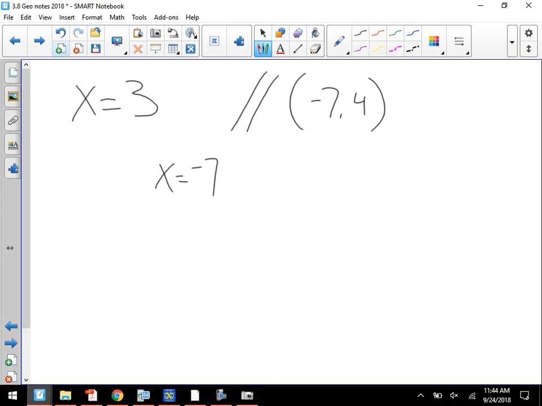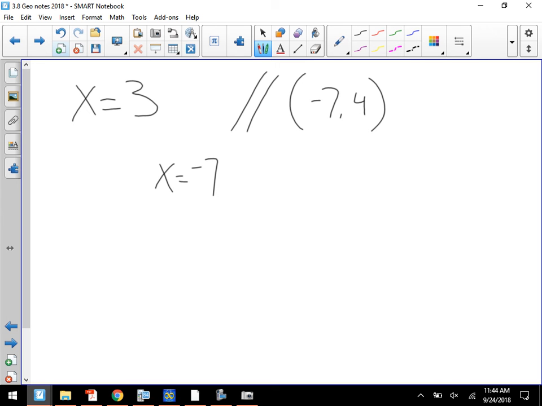Again, what kind of line is x equals a number? Vertical. Every single vertical line is parallel to every other vertical line. What's the equation of every single vertical line? x equals a number. What is x equal?